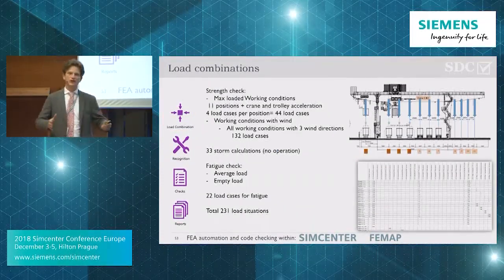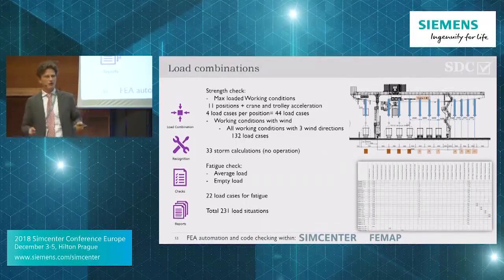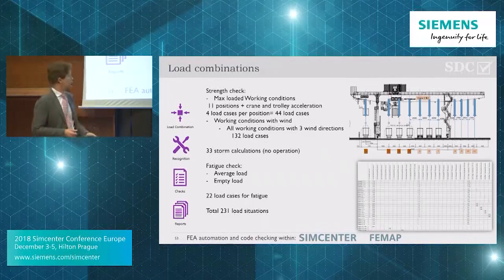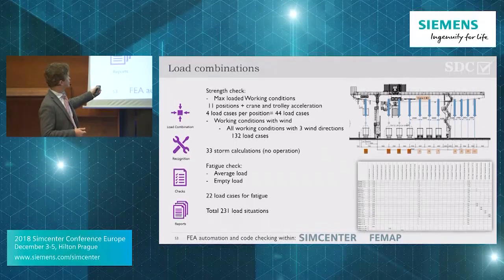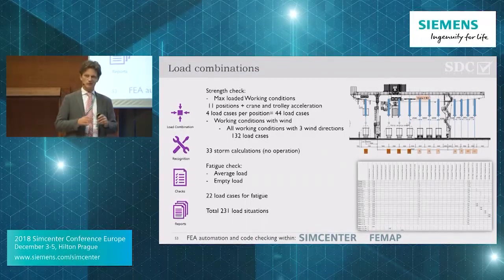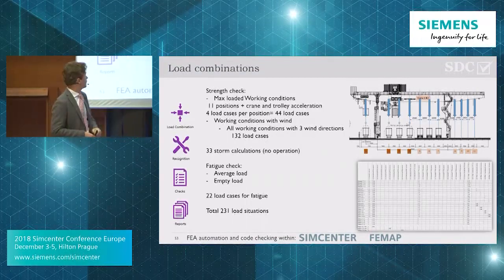We need to accelerate in 4 directions. I can move with my crane front or backwards, and with the trolley I can go to the left or to the right. So that gives 4 combinations. Although it's 11 positions, 4 combinations, I already have 44 load cases only for operational conditions.